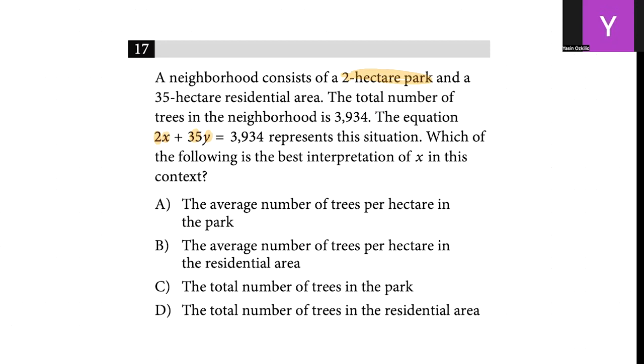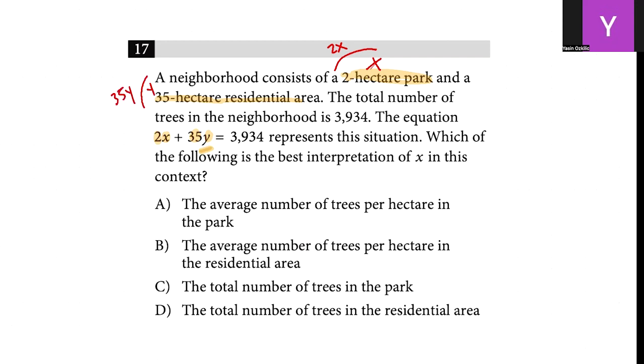The 2 and x are very connected, because 2x comes from here. And as you see, the 35-hectare residential area, and in the equation I see y here. I can say 35 and y are working together, which makes 35y.